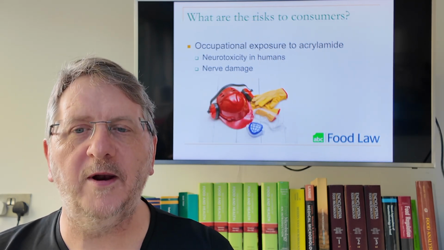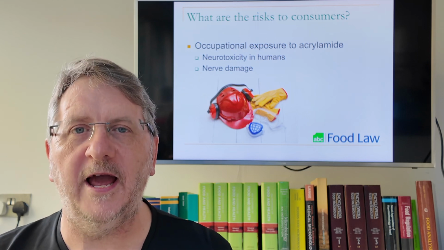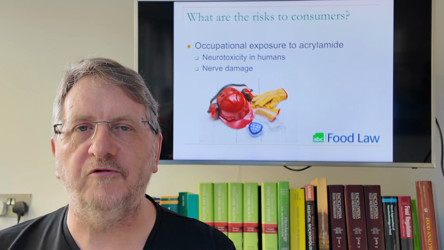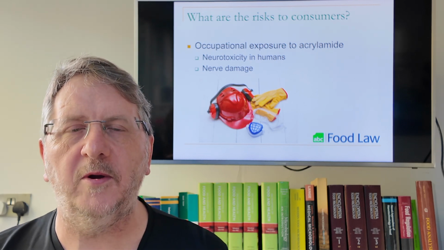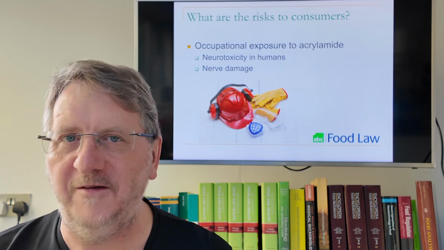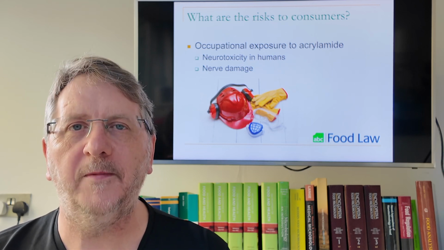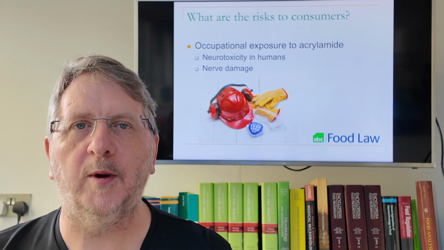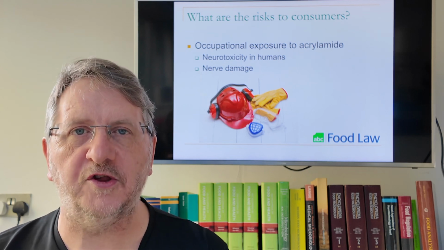What are the risks? Well, actually, the risks are not clear and not 100% established. We know about acrylamide being present in cigarette smoke; it's one of the factors that makes cigarettes dangerous. Not the only factor, of course, but one of many. We have got lots of data on exposure to acrylamide in an industrial setting.